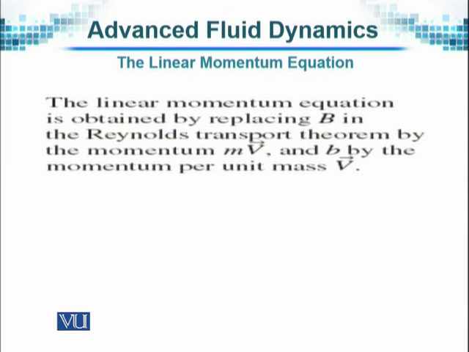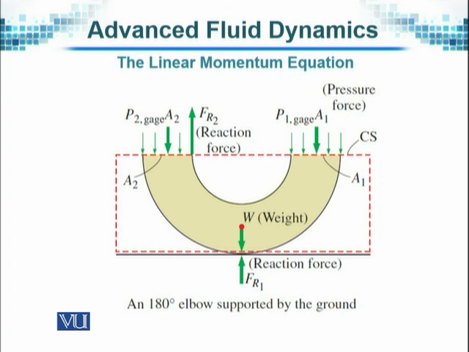The linear momentum equation is obtained by replacing B in the Reynolds transport theorem by the momentum mv. So momentum is defined as mv, and capital B is replaced by small b, the momentum per unit mass, v.